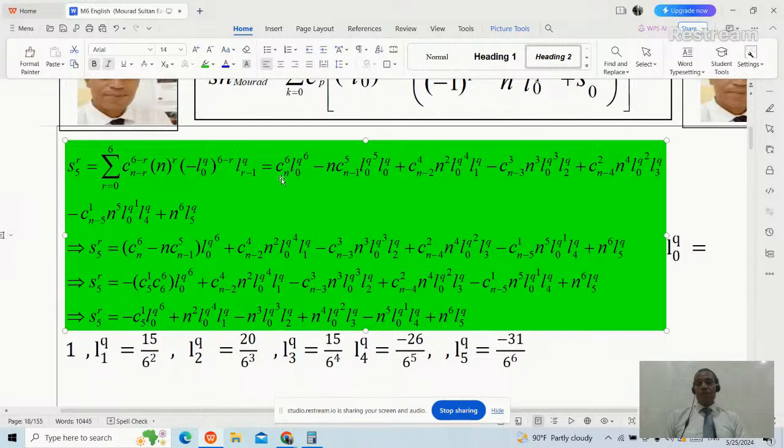If you want to simplify or distribute this formula, you obtain combination n choose 6 and L0 of q raised to the power 6, minus n combination n minus 1 choose 5 and L0 of q raised to the power 5 times L1 of q, and this gives you a term raised to the power 6 as a common factor.